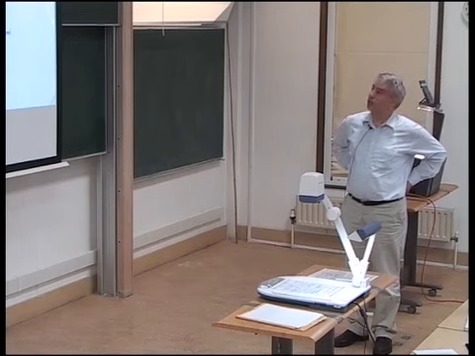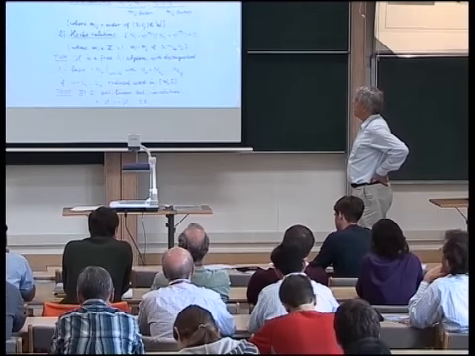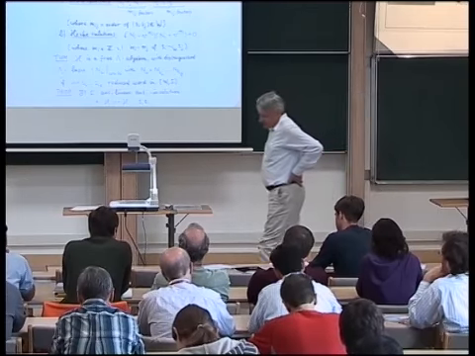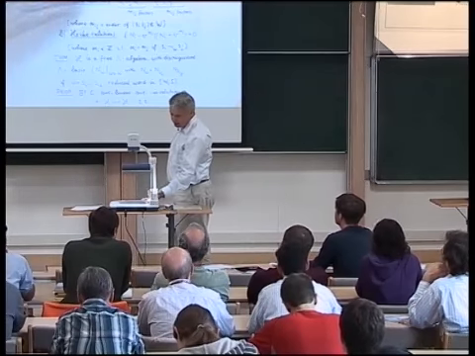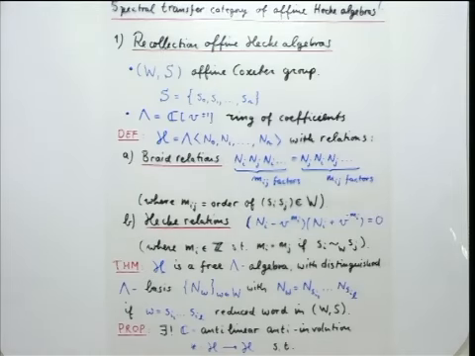It's a Laurent polynomial ring in one variable as the base ring. And then the Hecke algebra over that ring Lambda is generated by elements indexed by the elements of S, the affine simple generators of my affine Weyl group, with the usual relations, the braid relations and the Hecke relations that probably in this audience everybody knows very well.